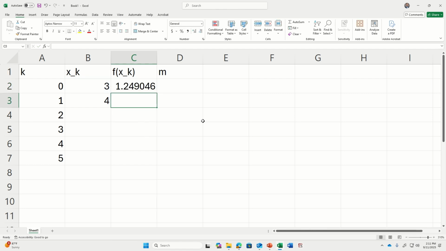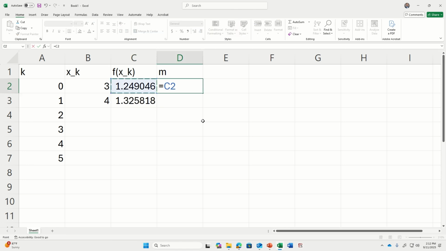And then the slope is going to be the current one minus the previous one divided by the current iterate minus the previous iterate.